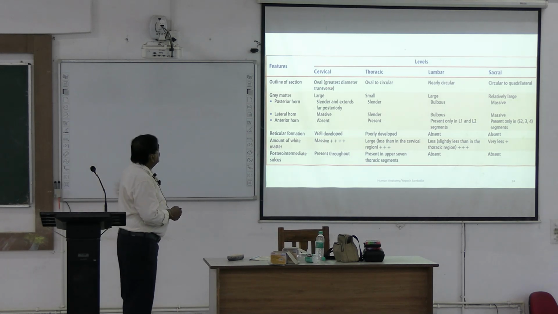Now features of cervical, thoracic, lumbar and sacral levels. Outline of section: oval, oval to circular, nearly circular, circular. Grey matter posterior horn: large and slender in the cervical region, extending far posteriorly. Lateral horn is absent in the cervical region, present at the thoracic level. Anterior horn is massive in cervical, small and slender in thoracic, large and bulbous in lumbar. The lateral horn is present only in segments T1 to L2.